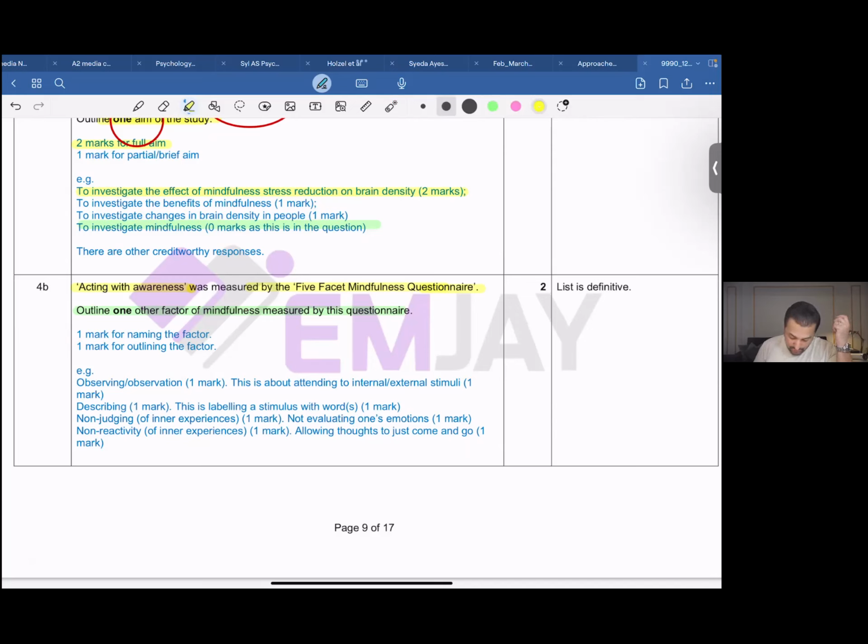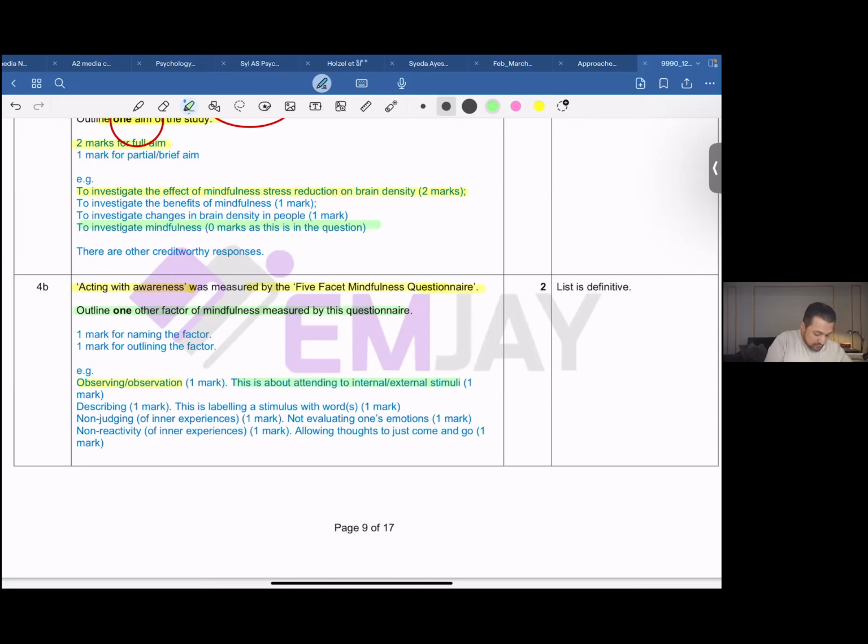For instance, if you write down observing, observation, first mark, and the second mark, this is about attending to internal, external stimuli. Now, hopefully I do not forget towards the end. I'd like to show again the command words, I might as well just write it down so that I don't forget, hopefully.